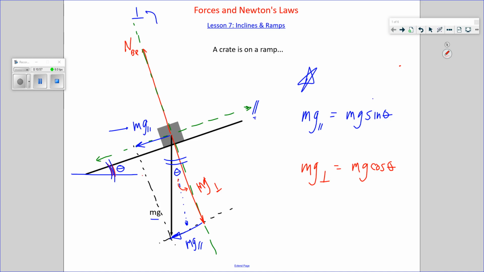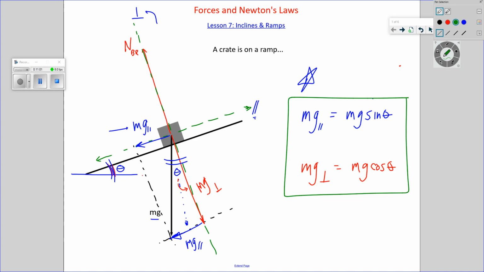Okay? So this is the key to handling any question about an object on an incline. We have to rotate our axes.